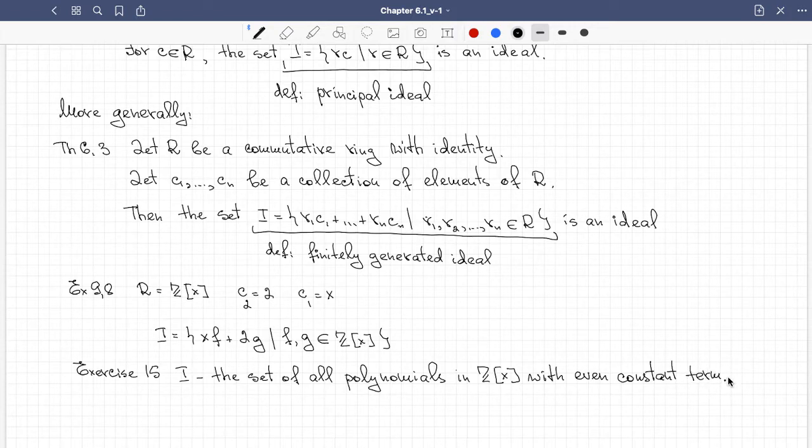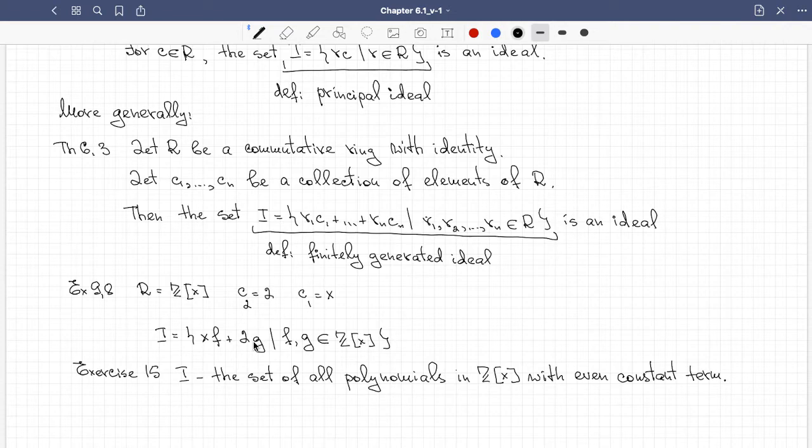Oh, indeed, the constant term of this polynomial is 2 times the constant term of g. This polynomial has no constant term. This polynomial has constant term of 2 times the constant term of g, which is even.